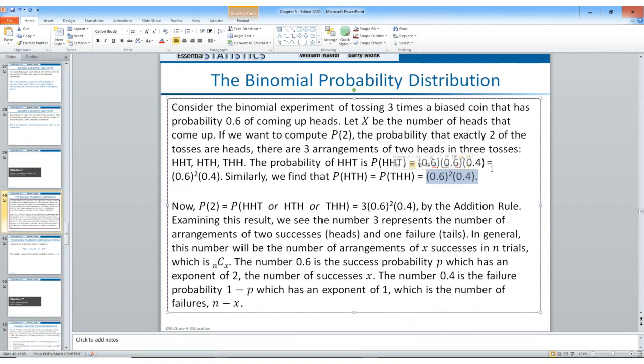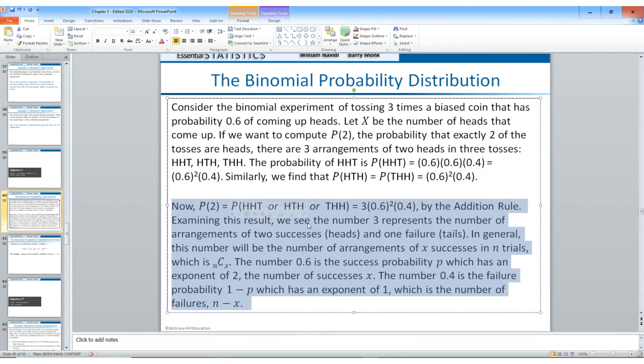So if we take just one of those and multiply by 3, instead of multiplying them each separately and then adding them up, that's the same number. We can just multiply by 3. That's the addition rule, essentially. So you're using both of those things in here.